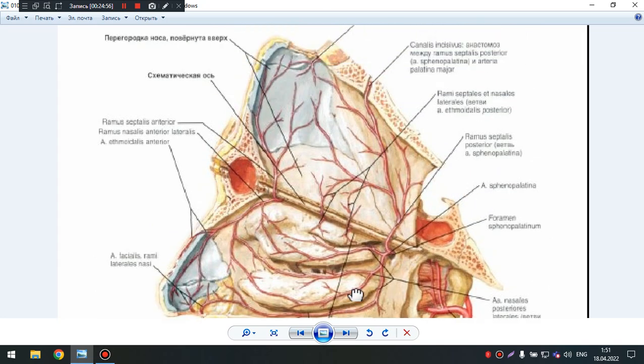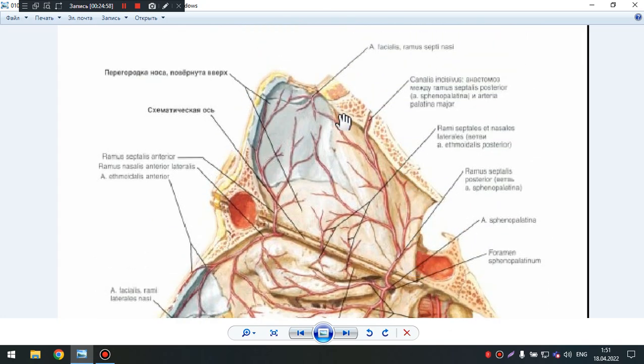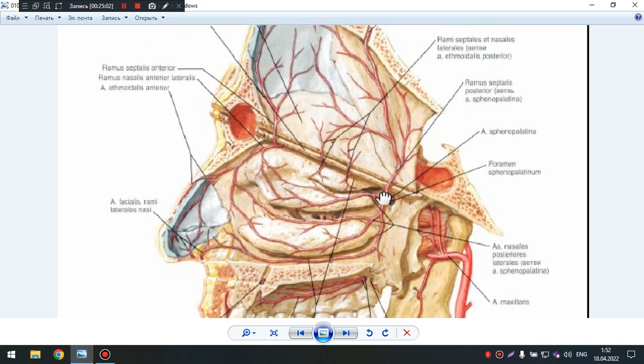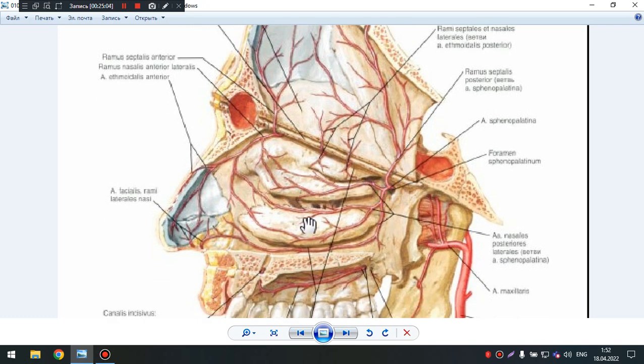Inside the nasal cavity, we can see the nasal septum. The sphenopalatine artery blood supplies the conchae of the nasal cavity, air sinuses of the nasal cavity.